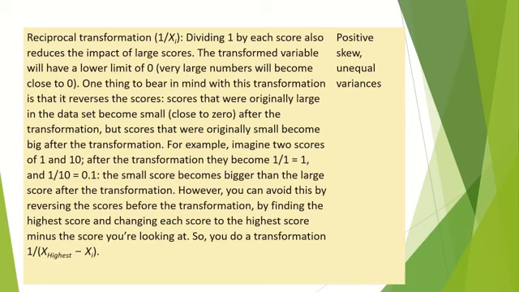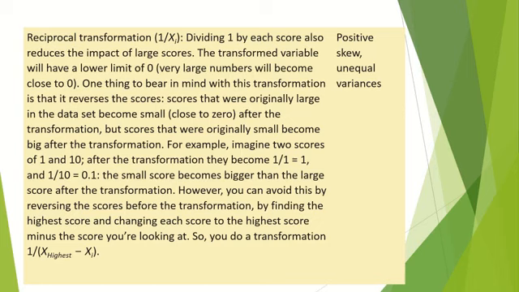For example, imagine two scores of 1 and 10. After the transformation, they become 1 divided by 1 is equal to 1, and 1 divided by 10 is equal to 0.1. The small score becomes bigger than the large score after the transformation. However, we can avoid this by reversing the scores before the transformation.